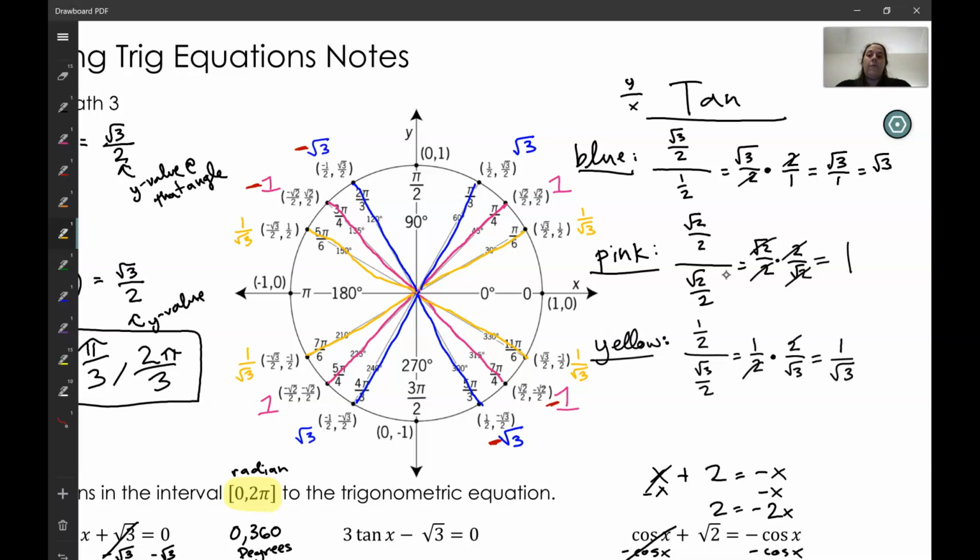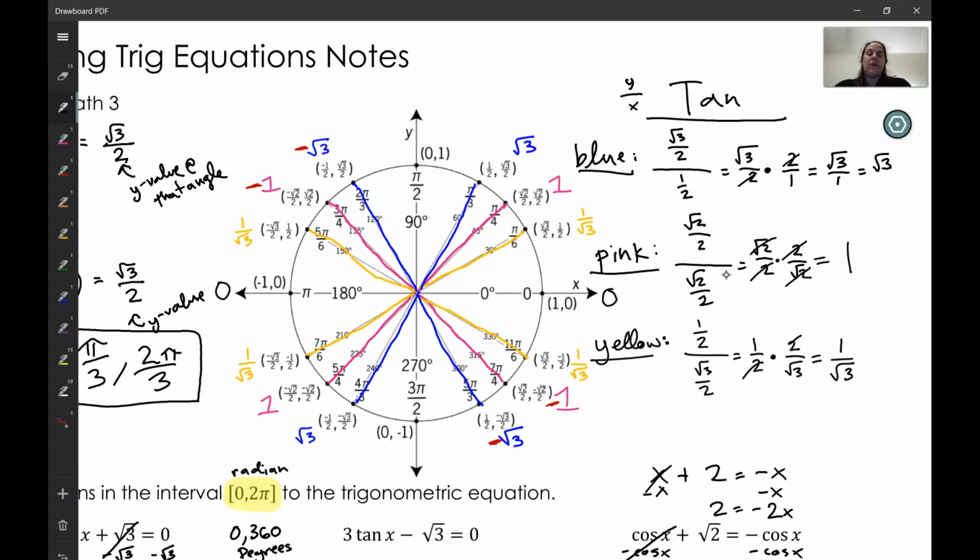Now, there are 4 other tangent values I would like to do while we're on this subject, and it's at our coordinates. So this one, remember y over x, so it would be 0 divided by 1. 0 divided by 1 is going to be 0. Same thing with over here. 0 divided by negative 1 is also going to be 0.